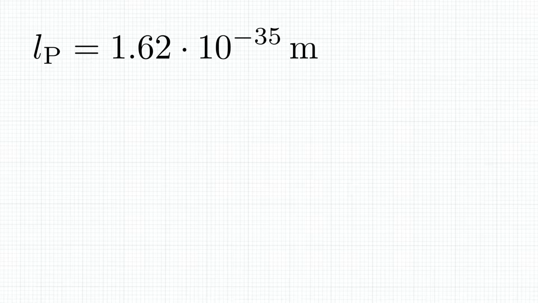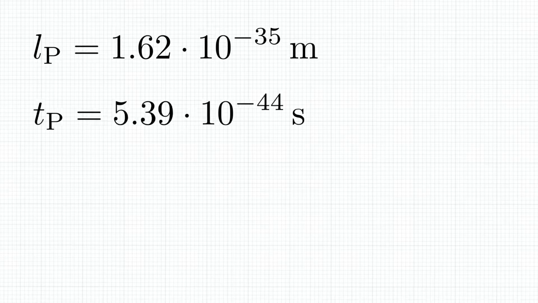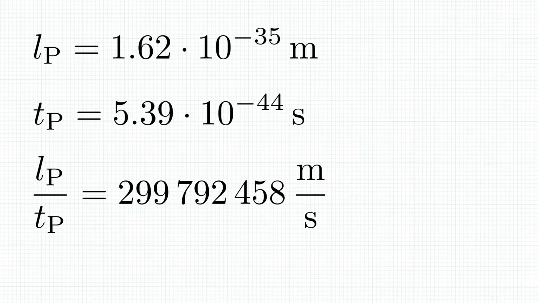For example, as the Planck length equals 1.62 times 10 to the minus 35 meters, and the Planck time equals 5.39 times 10 to the minus 44 seconds, the Planck speed equals about 300 million meters per second, the vacuum speed of light to be exact, which is not surprising at all since it is the very constant we used and set to 1. All the conversion factors can of course be looked up, but it's good to know where they come from.